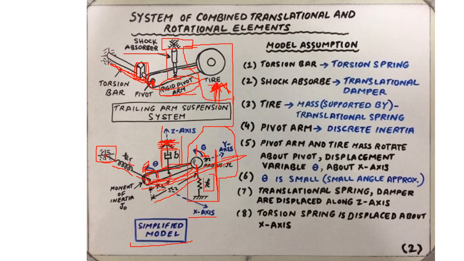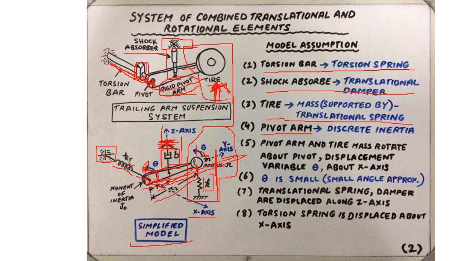So in summary, the torsion bar is modeled using a torsion spring. The shock absorber is modeled using a translational damper, and the tire, and here I should really include the tire as well as the entire wheel assembly, is modeled as the mass spring system.